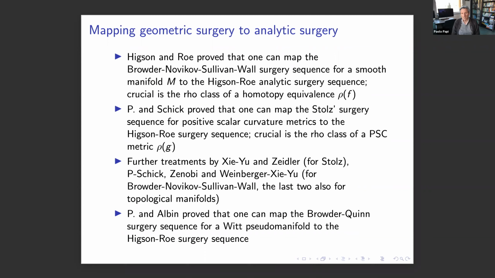So the Higson-Roe sequence is really the target of many interesting mappings from geometry to analysis. But of course, to talk about this would take, you know, every item is a different talk in a way. Okay, so let me go on now. Questions or remarks or comments?